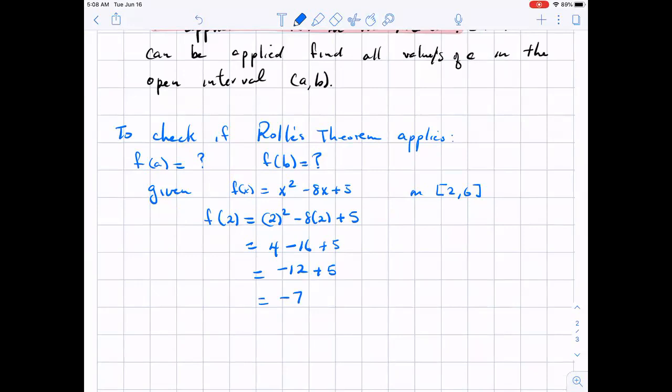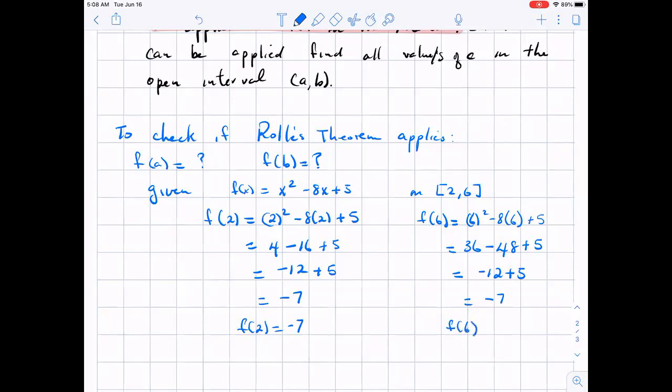So f(2) is equal to negative 7. Now if we try f(6), this is 6 squared minus 8 times 6 plus 5. 6 squared is 36, 6 times 8 is 48, plus 5, and this is equal to negative 12 plus 5, which is negative 7.